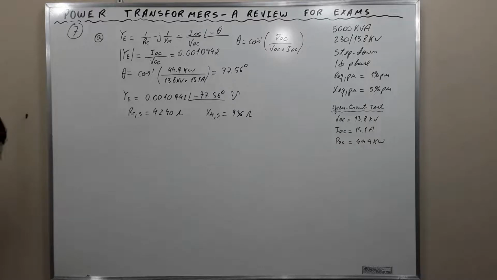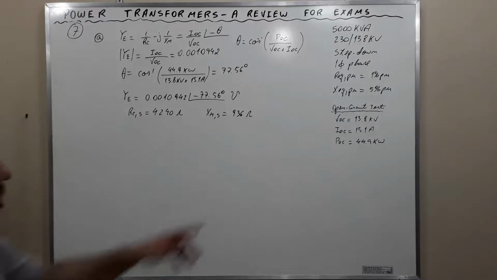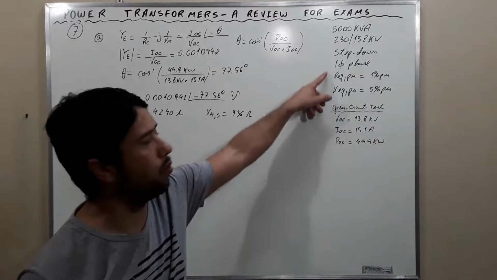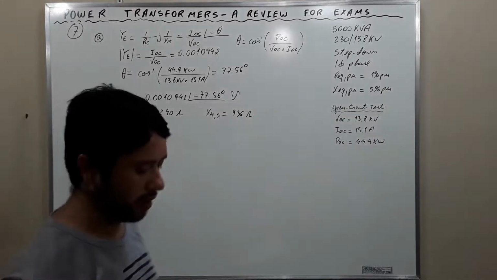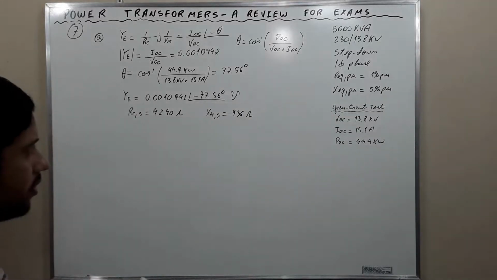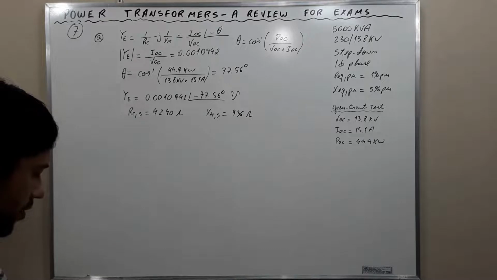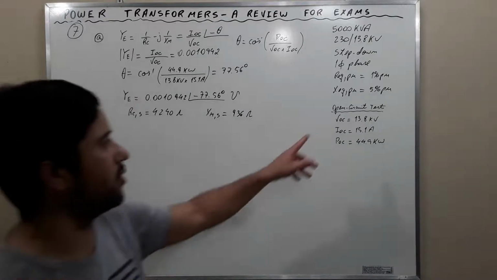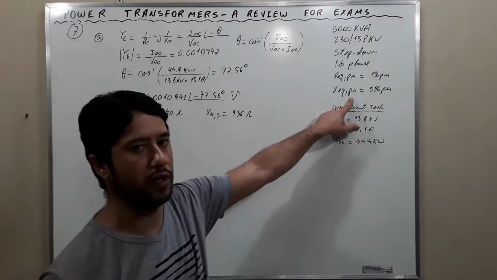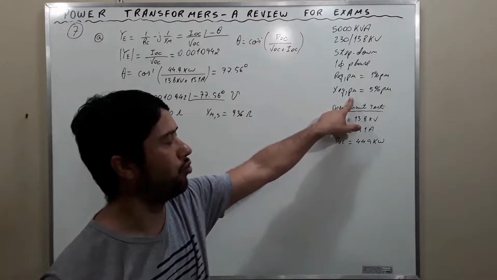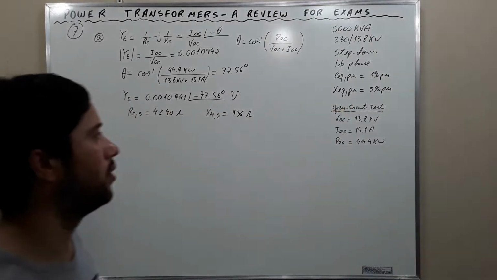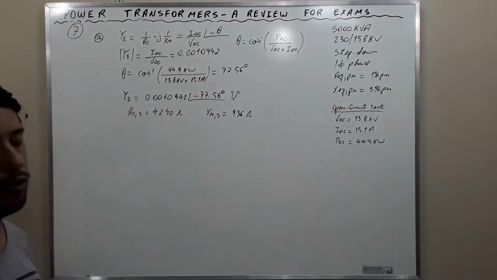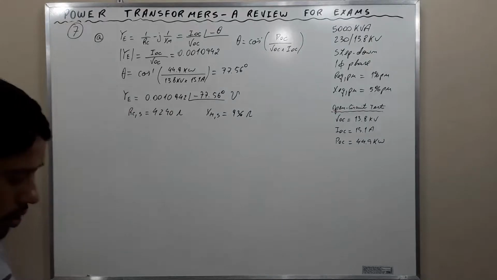Now let's calculate the values of the series components here, the equivalent resistance and the equivalent reactance. Observe that the values were given in per unit. To convert this value from per unit to ohms, we need to use a base value.